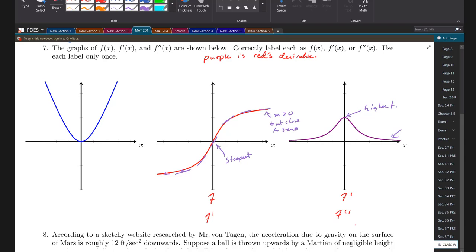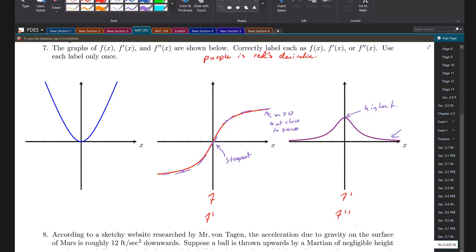Notice that purple starts out increasing and then has a horizontal tangent line at 0 and then starts decreasing. So where purple is decreasing, its derivative would have to have what sign, folks? Negative. Yeah, where purple is decreasing, we would expect its derivative to output negative values.